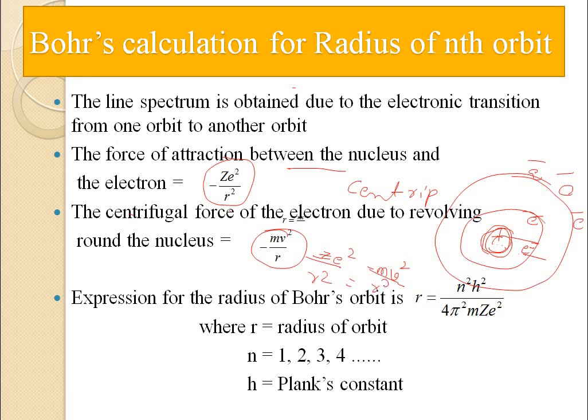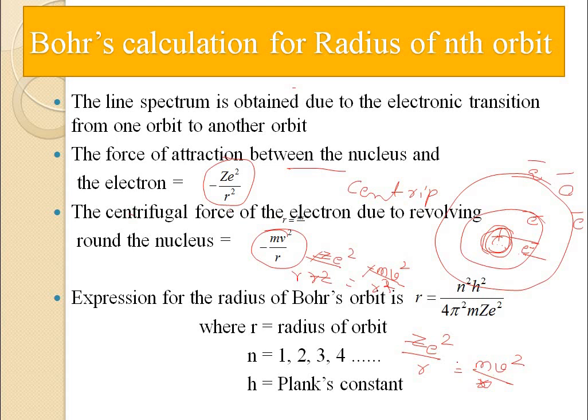The minus signs cancel, both become plus, and of the r square and r, only one r is left on this side. So the overall expression is Ze square by r equal to mv square.